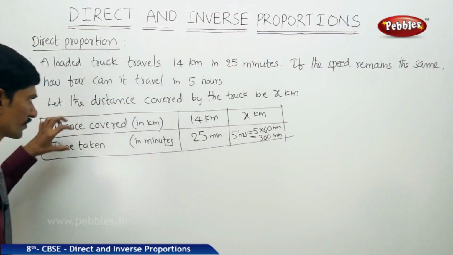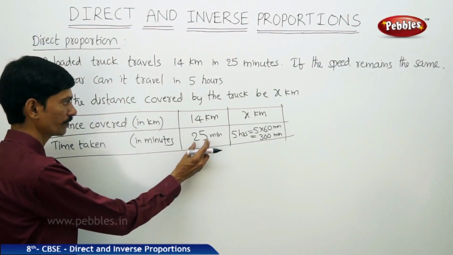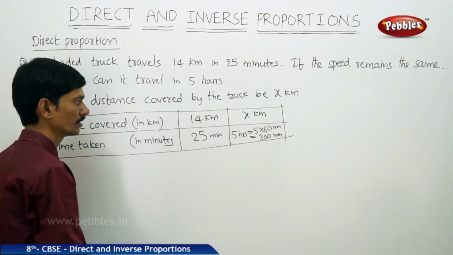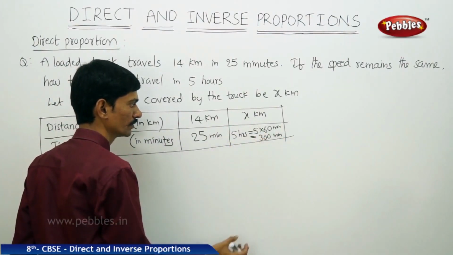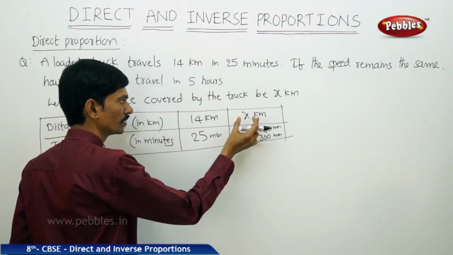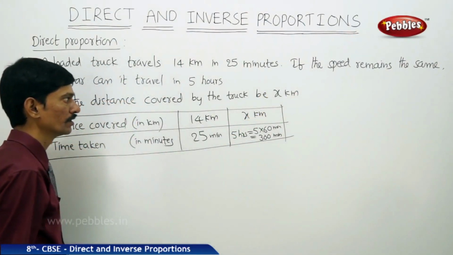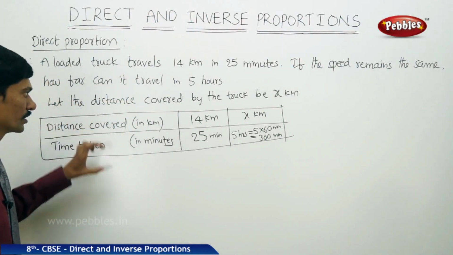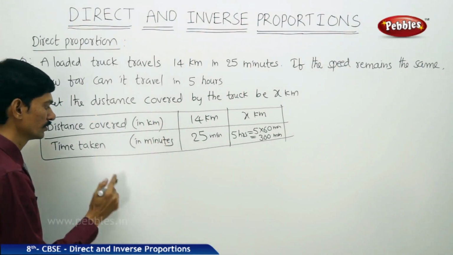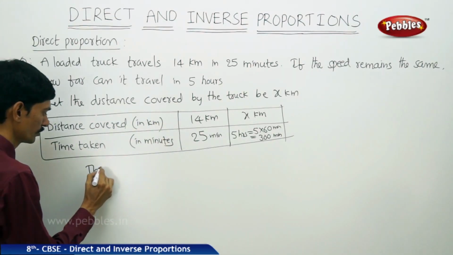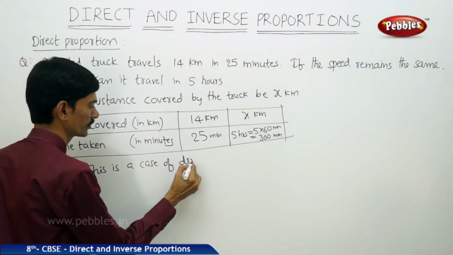Now if it is taking 25 minutes, then it is traveling 14 kilometers. So if it is taking 300 minutes, means more time, then definitely it will travel more kilometers when it maintains the same speed. Means this is a case of direct proportion. Here the distance covered is directly proportional to the time taken. So here we can write, this is a case of direct proportion.